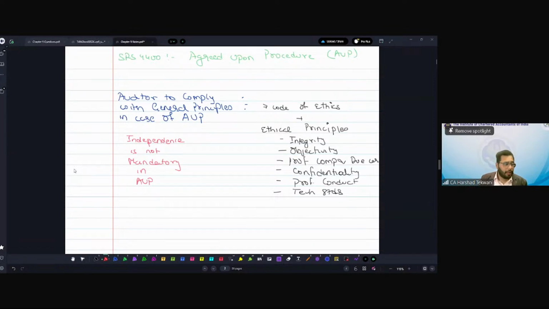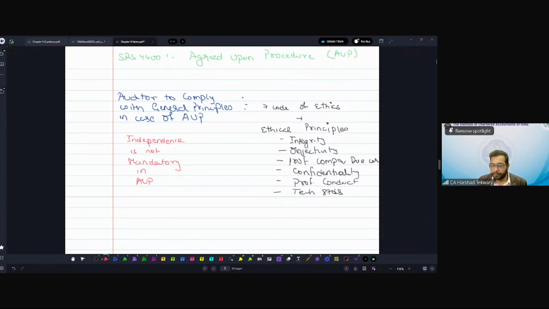If the person who is issuing the report is independent, perfectly fine. He can be. It's an add-on. But whether it's mandatory, the answer is no. Reason because this is not an assurance engagement. This is an engagement to report on the factual findings.